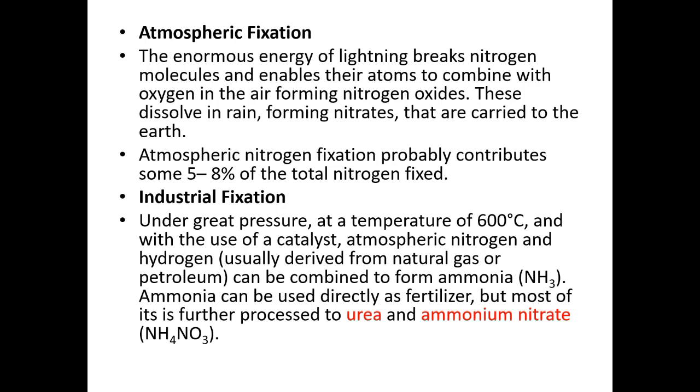This ammonia is further used to produce urea and ammonium nitrate, which are also used as inorganic fertilizers. When applied in the field, the nitrogen is fixed in the soil and the plant can take it up.